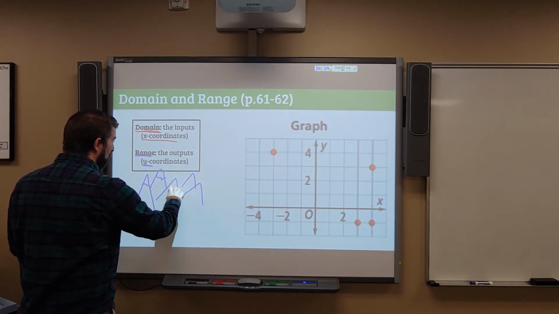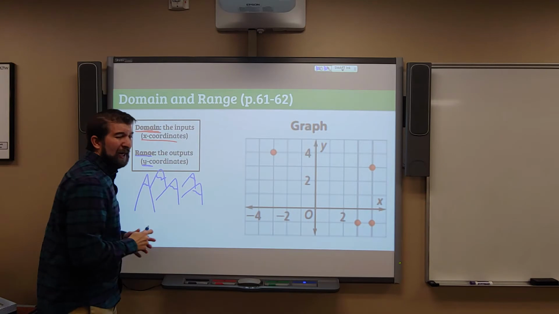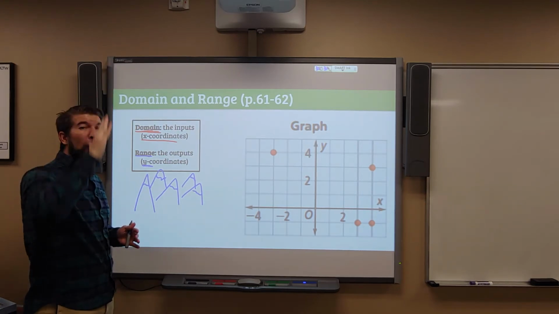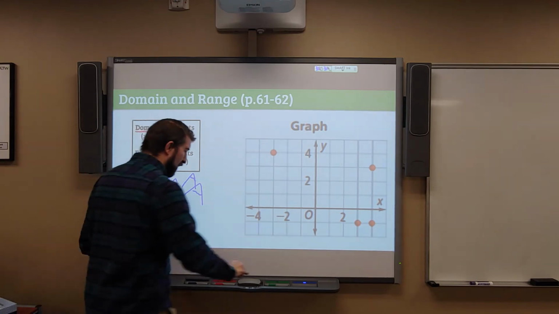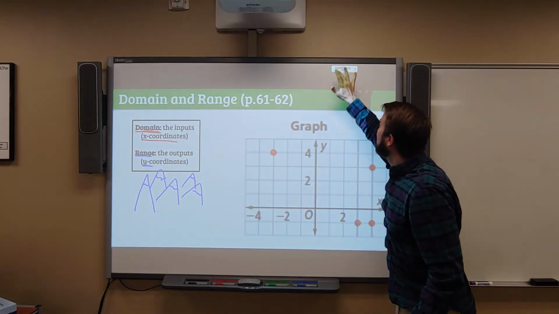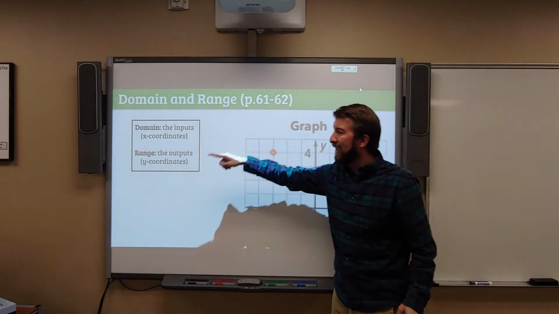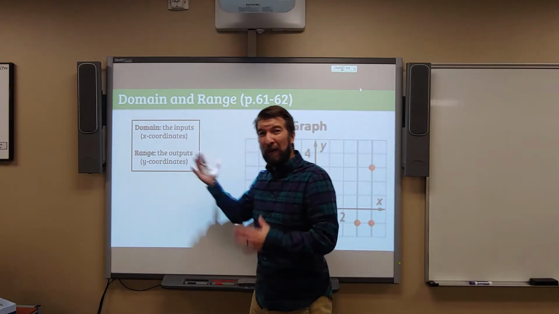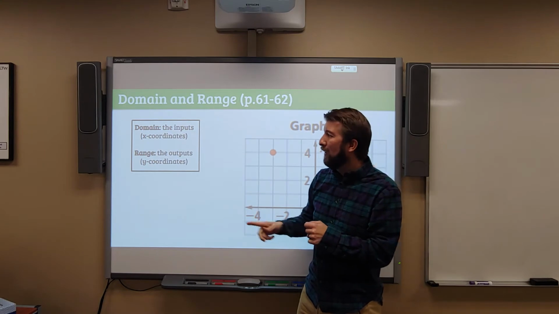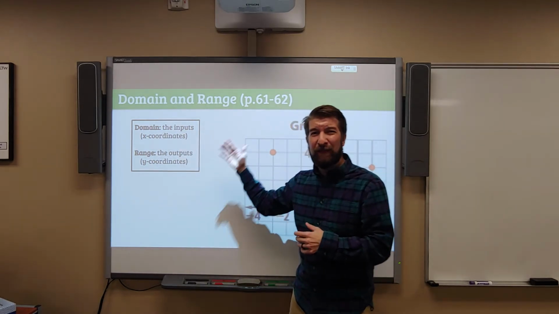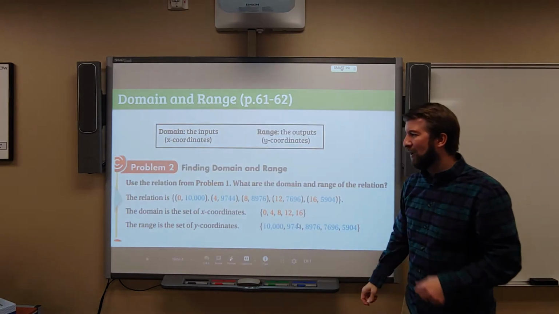There's my snow. All right, and so mountains go up, range goes up on the y-axis, okay? So just keep those terms. Remember, if it's in a box, you probably want to know it. If it's in a blue box or if it's in blue, you definitely want to know it.